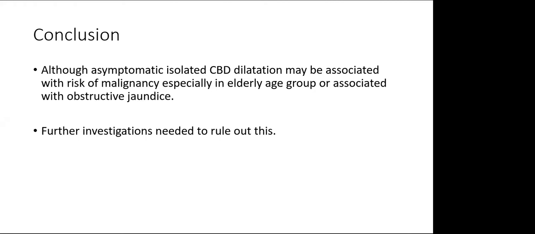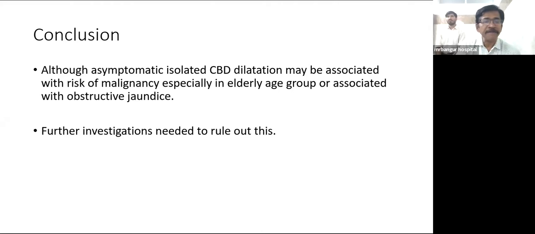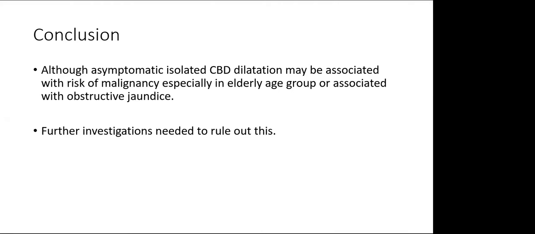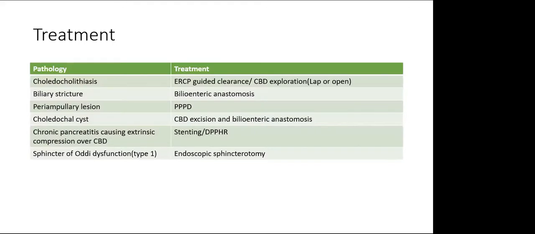Thank you very much, Dr. Ghosh, for the nice presentation. Yes, just a minute. Sir, can you go to the previous slide, before the conclusion? Here, chronic pancreatitis is causing extensive compression over the CBD. What is the treatment? What's the full form of DPPHR?